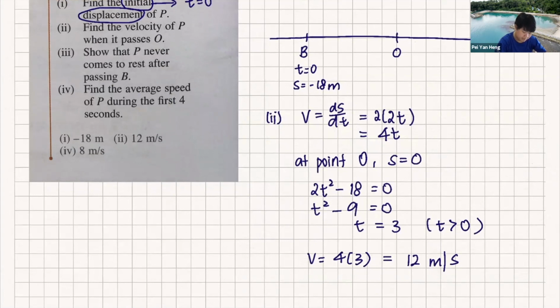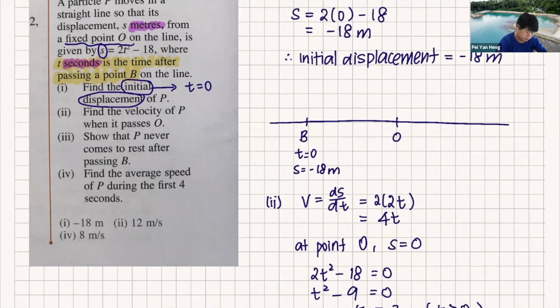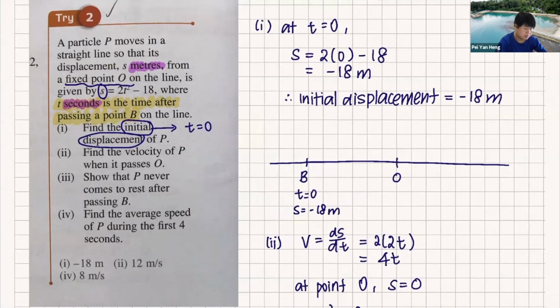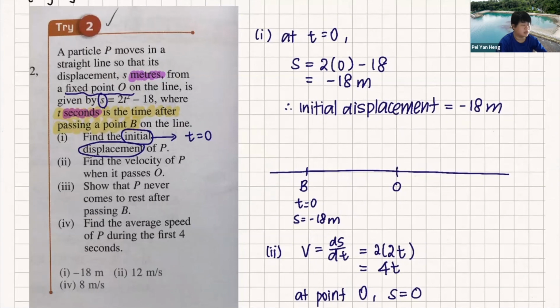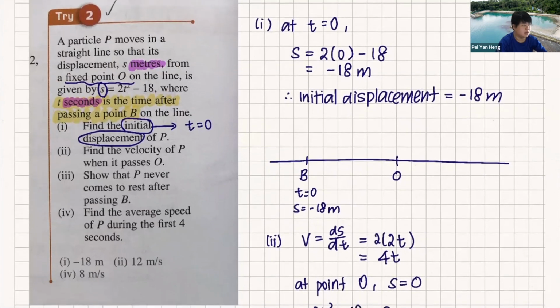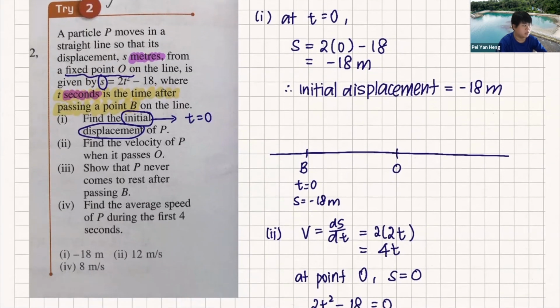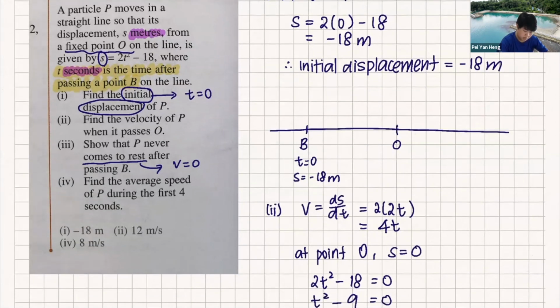And then for part 3, we have to show that P never comes to rest after passing B. The particle does not come to rest after passing B. So come to rest means v = 0, velocity equals 0.